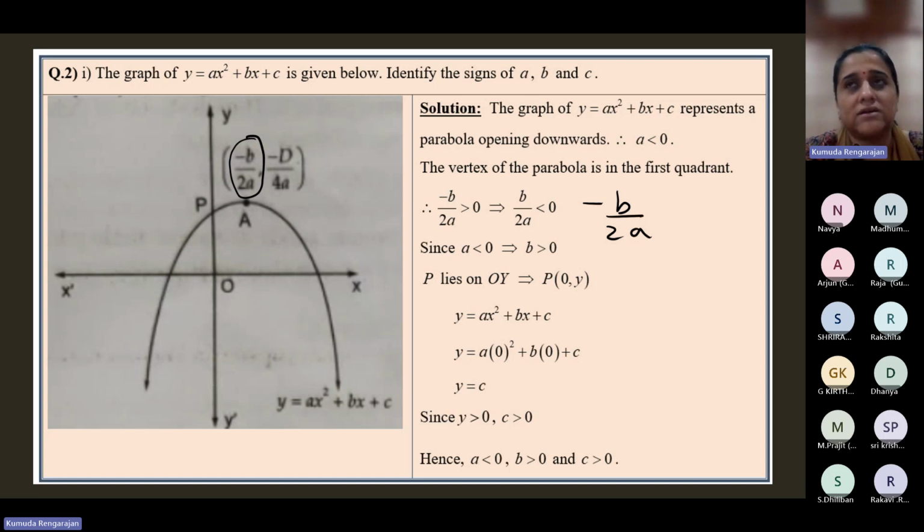And we know that both the x coordinate and the y coordinate in the first quadrant are positive. So minus B by 2A, which is the x coordinate of the vertex, is positive. That means it's greater than 0, because it lies in the first quadrant.